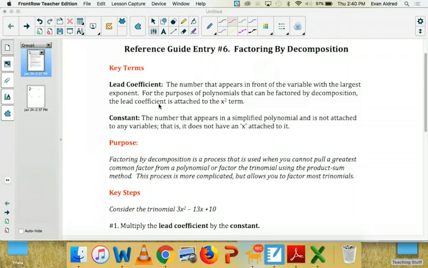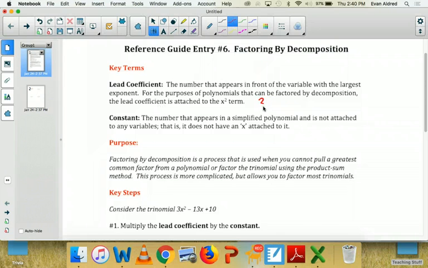So for example, if we were looking at the expression 3x squared plus 8x plus 5, our lead coefficient is the number that's in front of the variable with the biggest exponent. In most cases, that exponent will be a 2. So our lead coefficient in this example would be 3.